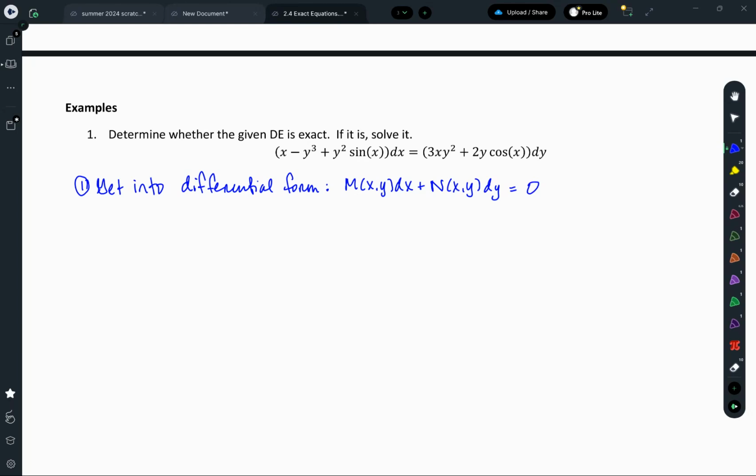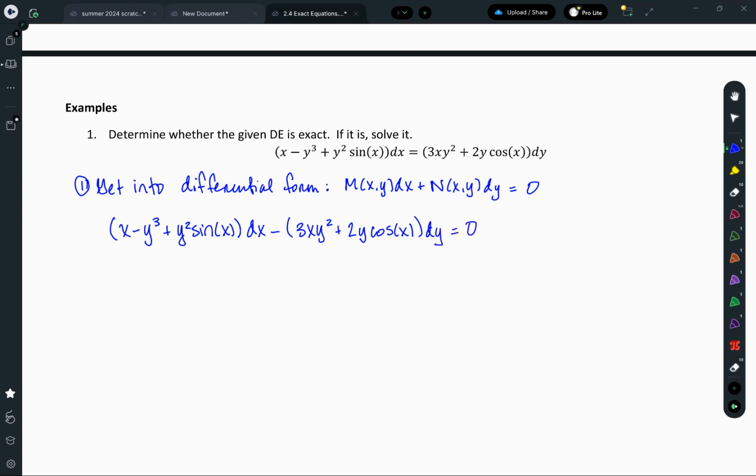So I'm going to move everything over, and what I get is, in parentheses, x minus y cubed plus y squared sine of x, dx minus, in parentheses, 3xy squared plus 2y cosine of x, dy is equal to 0.